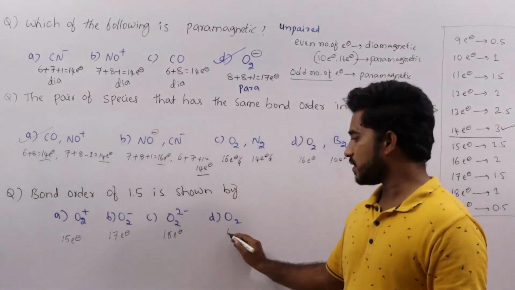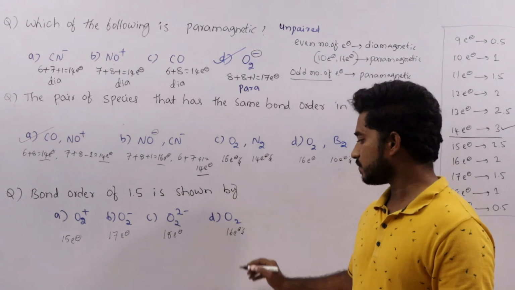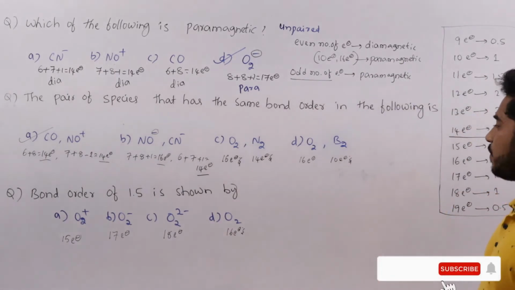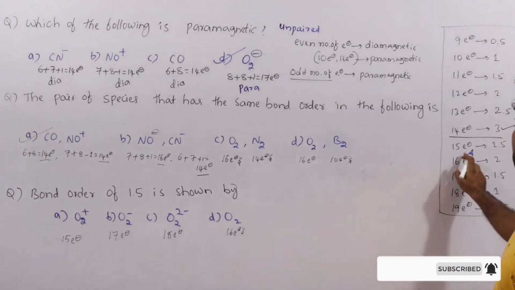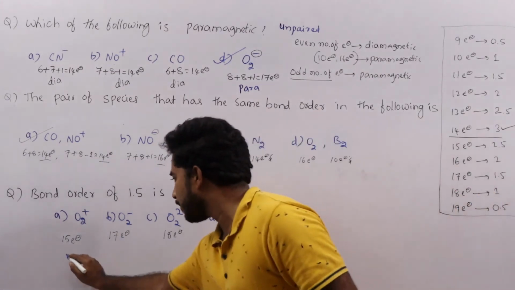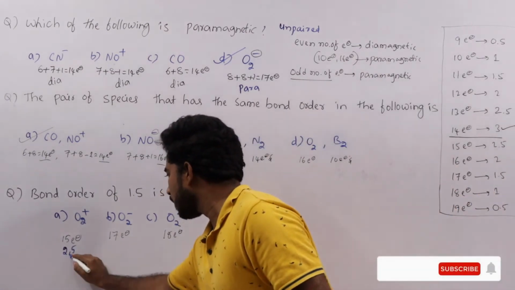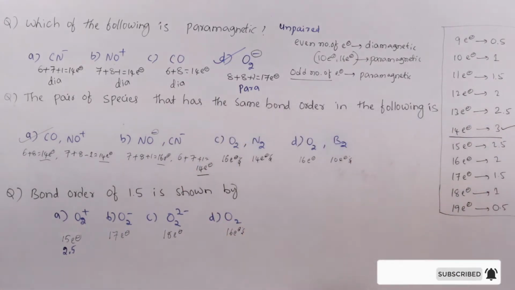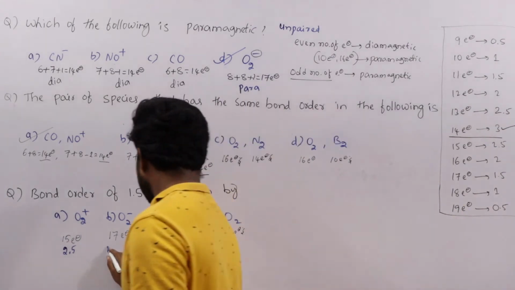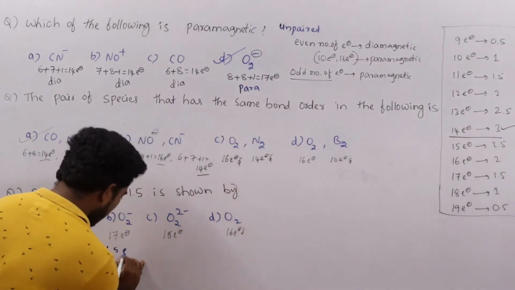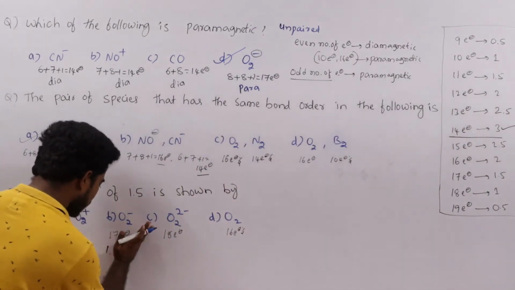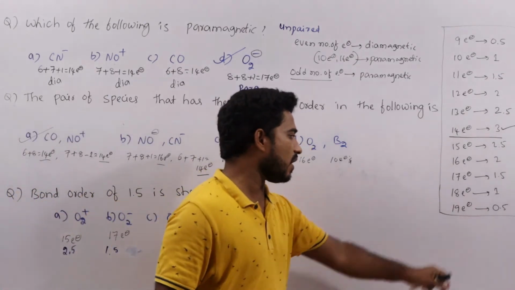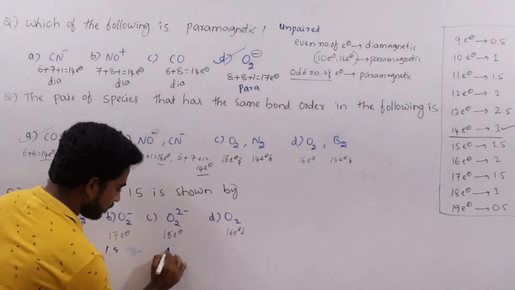Here O2 has 16 electrons. See, for O2 plus, what is the bond order? The 15 electron species has 2.5. O2 minus, the 17 electron species, has 1.5. So this is the one with 1.5 bond order. Next, the 18 electron species has bond order 1.